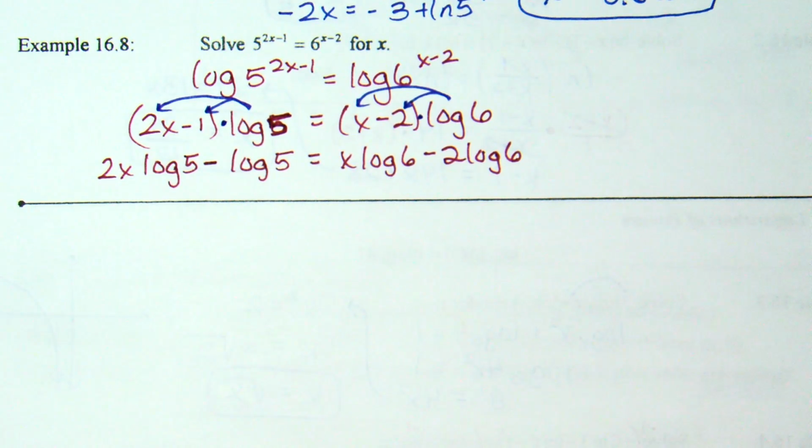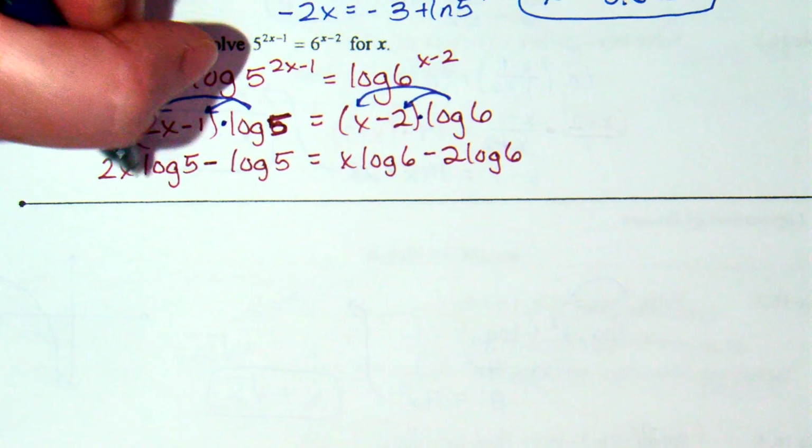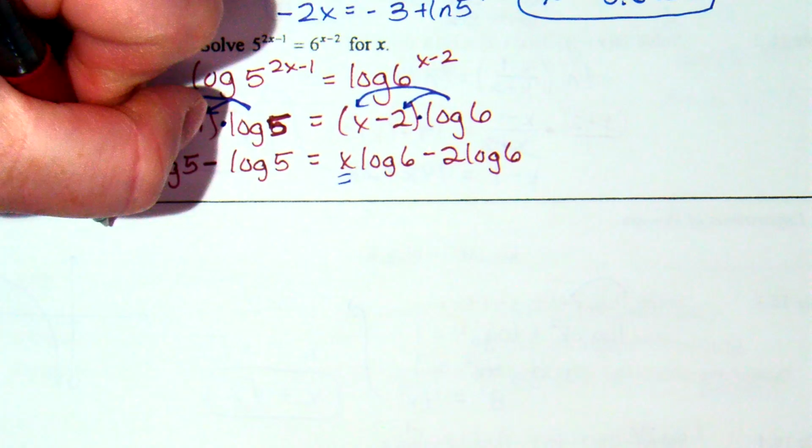Okay. Now we can do that. Now I'm ready to get any x terms to one side, non-x terms to the other side. That means I'm going to keep 2x log 5 on the left, and I want to move over x log 6. That means my minus log 5 needs to go to the other side.